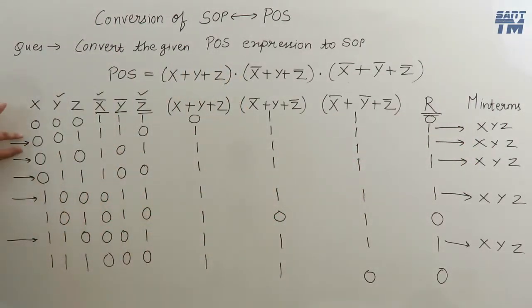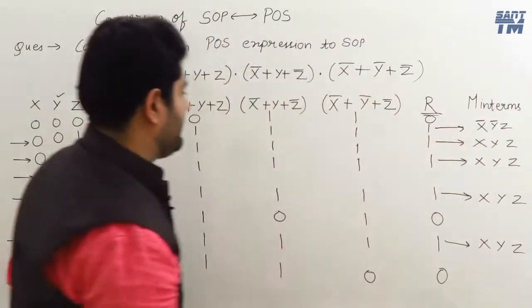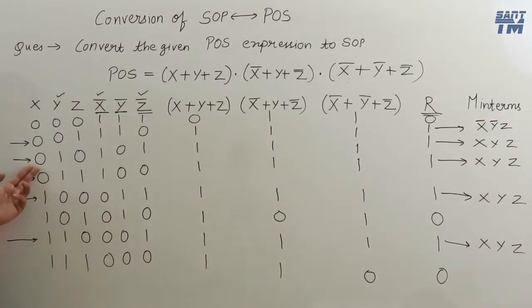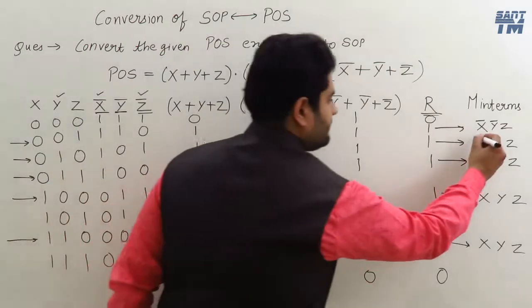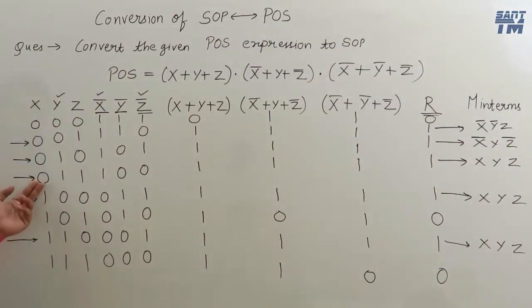Suppose in this row, X is 0, Y is 0, but Z is 1. So bar will be on X and Y: X bar, Y bar. Now in this row, X is 0, Y is 1, Z is 0. So bar will be on X and Z. Now in this row, X is 0, Y and Z are 1. So bar will be only on X.